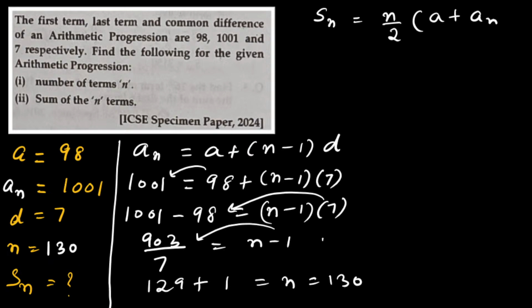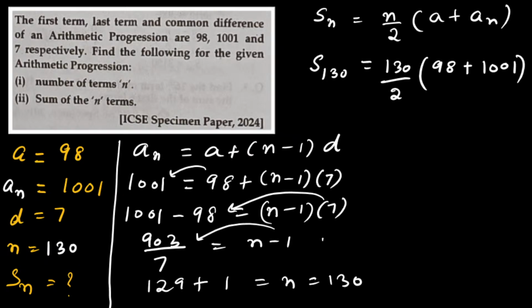Both the things are same. Since we know last term, let's use this formula. So here this is S130 because 130 terms are there. So n value is 130, 130 by 2. A is 98. Last term is 1001. So here we can do cancellation.